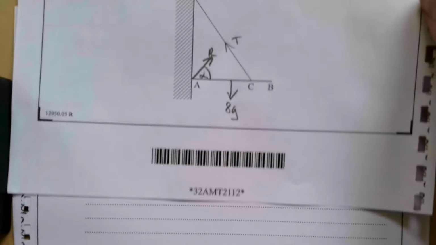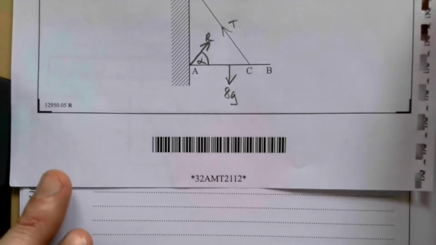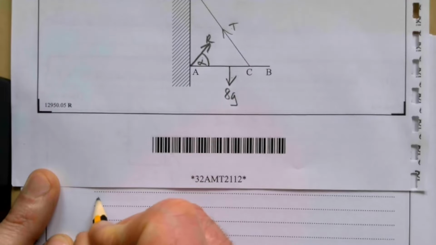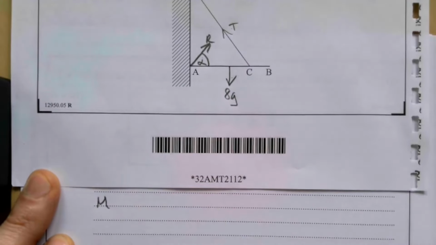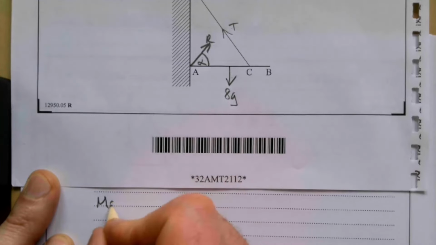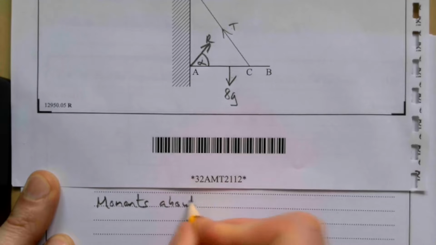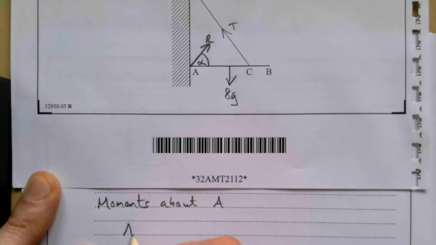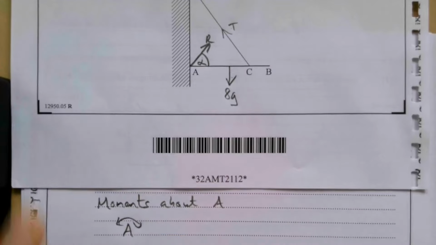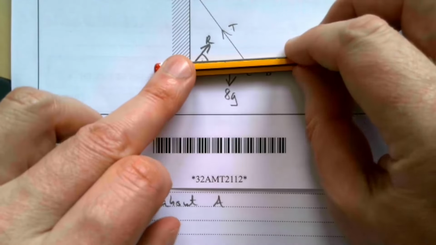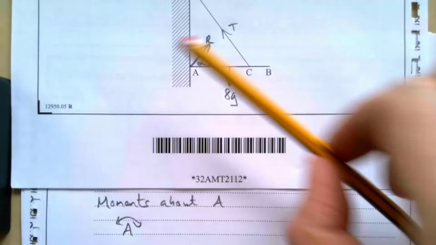So let's bring our diagram back up. I'm going to take moments about the point A, clockwise equals anti-clockwise. The pin's being put in here effectively, so 8g is bringing it down.